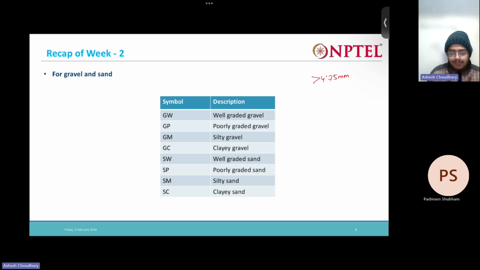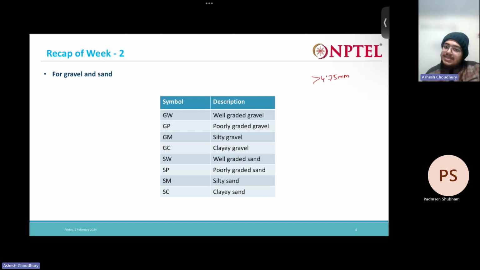Oh, sorry, I'm sorry. If the particle size is greater than 4.75 mm, it is gravel. I was right. From 80 mm to 4.75 mm, that size is gravel.